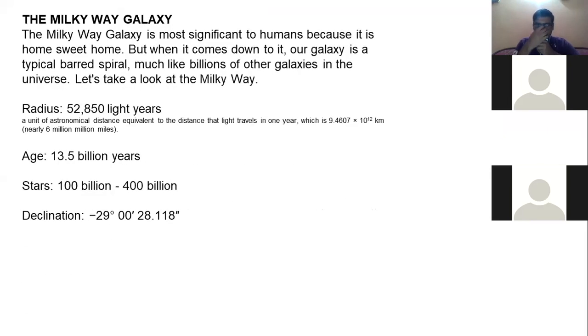If we talk about our galaxy, the first thing that comes to mind is our home. We have been living on the planet Earth, and the blanket that surrounds Earth is our Milky Way Galaxy, which is a type of spiral galaxy.